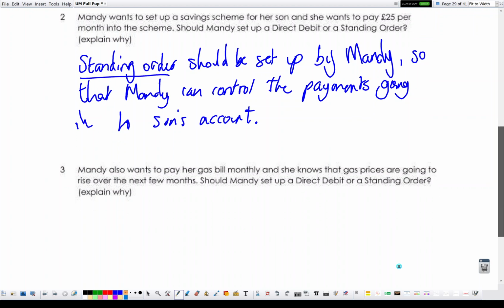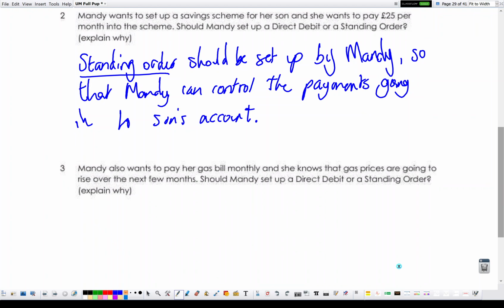Number 3, Mandy also wants to pay her gas bill monthly and she knows that gas prices are going to rise over the next few months. Should Mandy set up a direct debit or a standing order? Now this is the opposite situation. She's paying a company, so she should set up a direct debit.